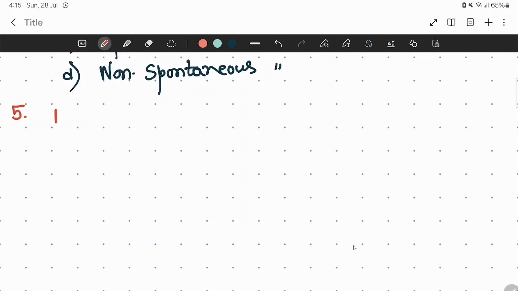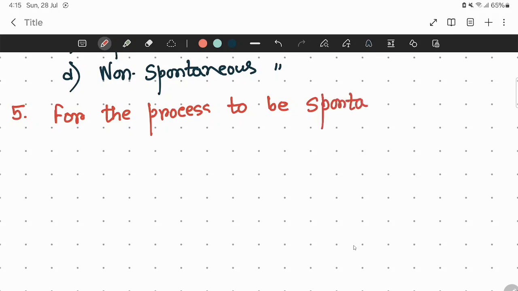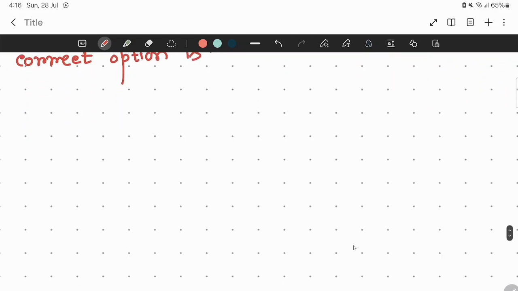For the process to be spontaneous, the correct option, same question. The correct option is option one.